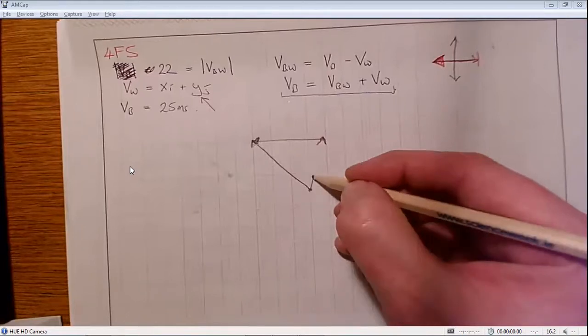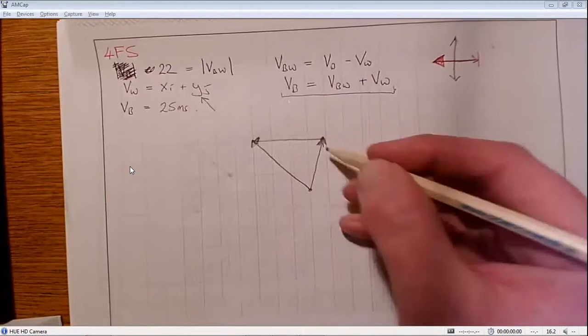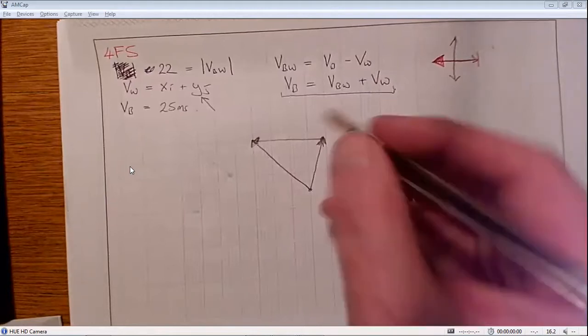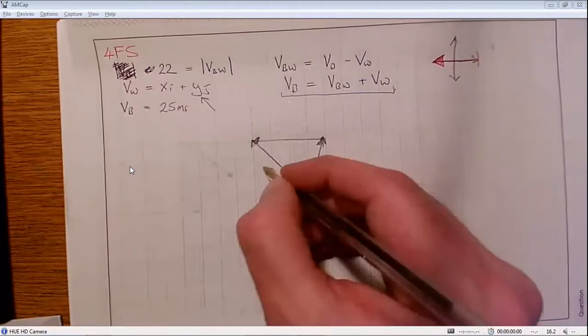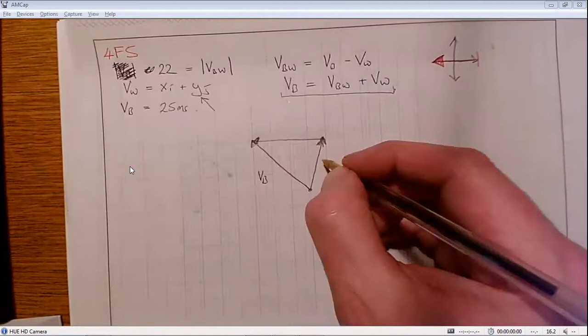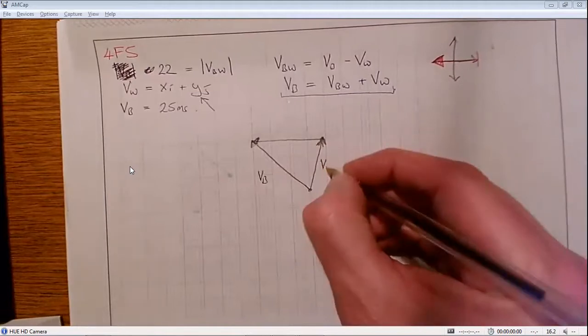So what we have here is our triangle. And when we fill in this triangle, we can have a little look at the data. So let's put in names on these. This is the velocity of the bird, as it flies. This is the velocity of the bird relative to the wind. And this is the velocity of the wind.